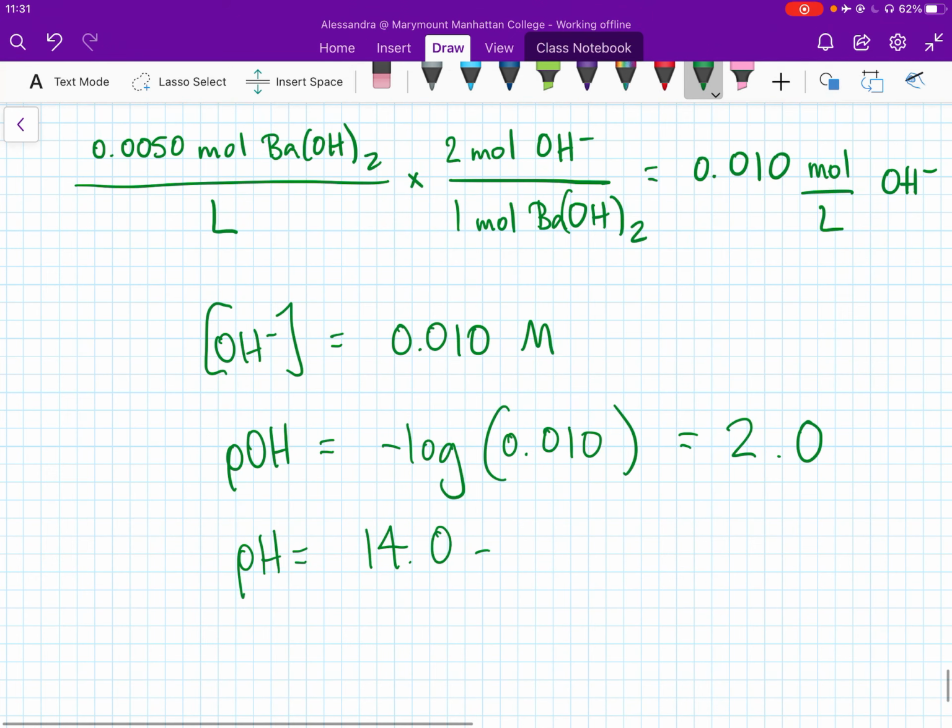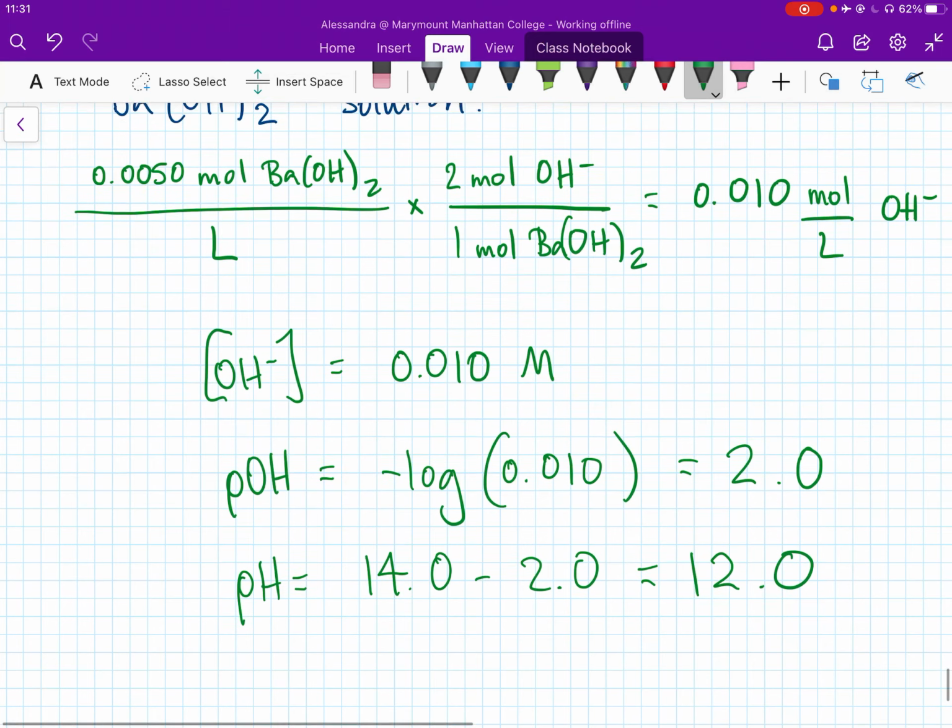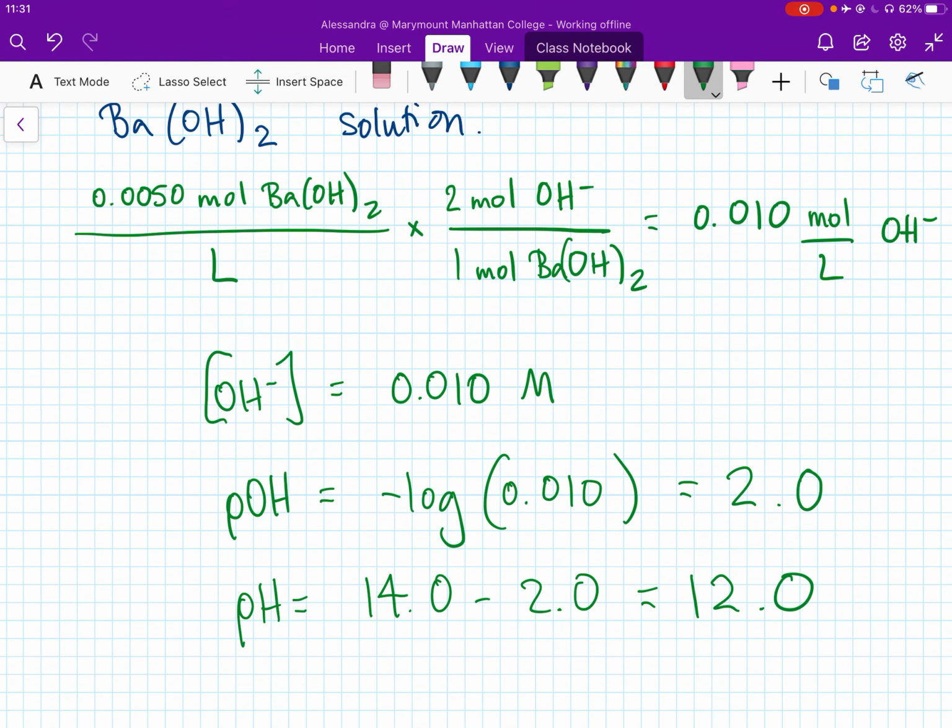So 14 minus 2 is 12. So the pH of my barium hydroxide solution is 12. Okay, so it's crucial to look at the stoichiometry of your strong base when you're doing a concentration calculation. This is a very high pH, which makes sense because it's a strong base. So we expect a very basic solution.